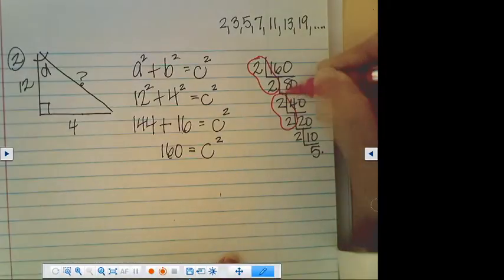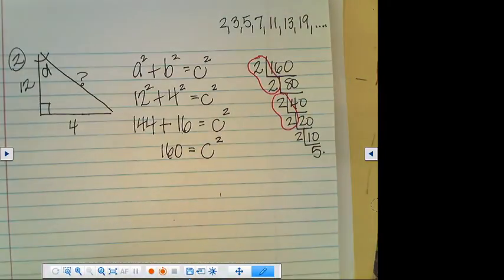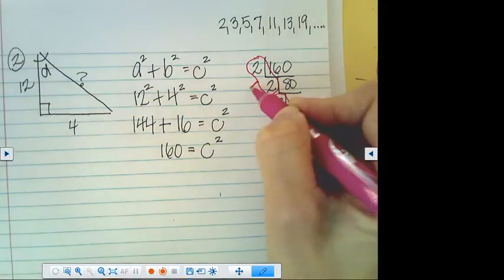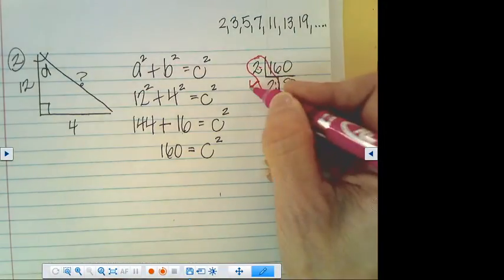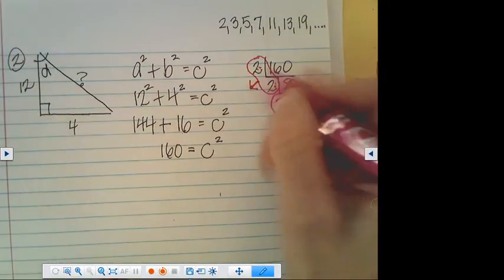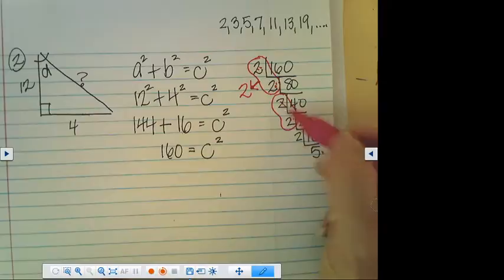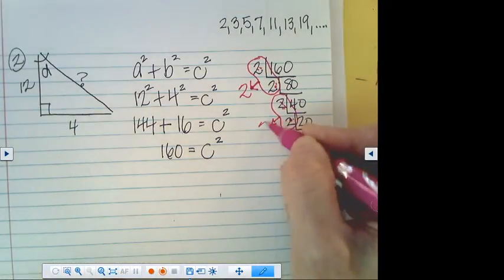There's another pair of 2's. All of that is under the radical right now. If a pair of 2's is under the radical, it's technically a 4. What's the square root of 4? 2. So a pair of 2's comes out of the radical as a 2.